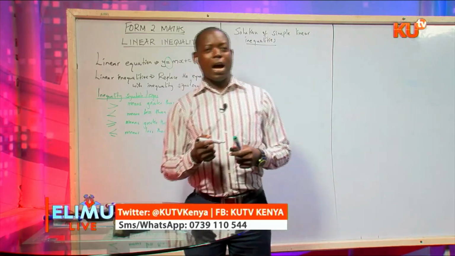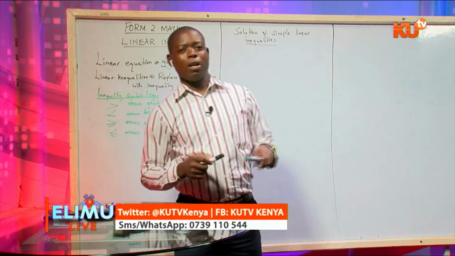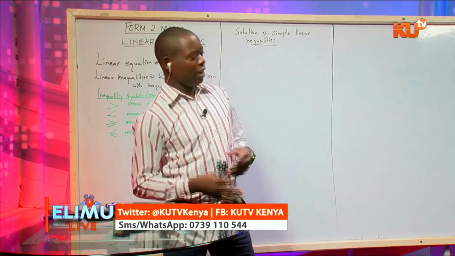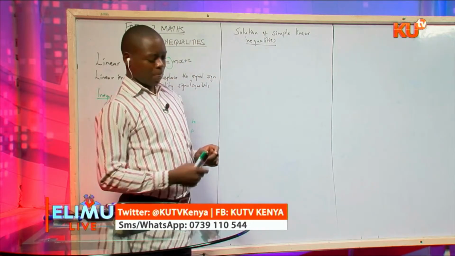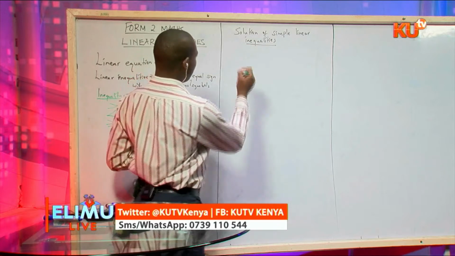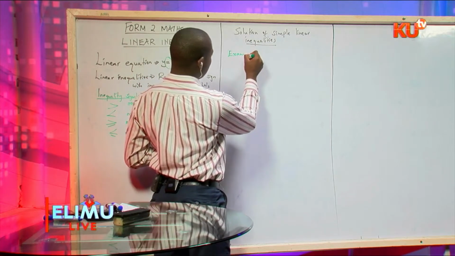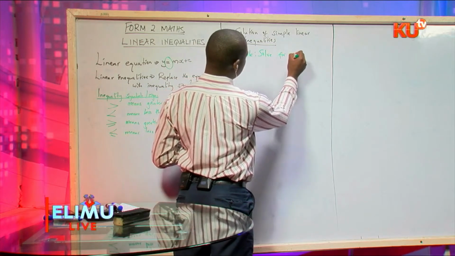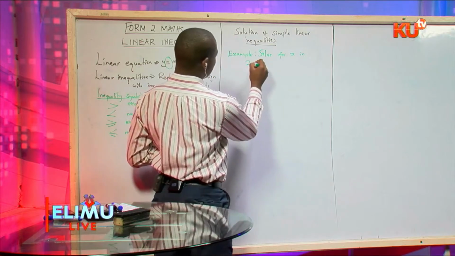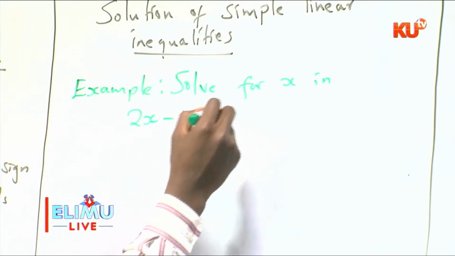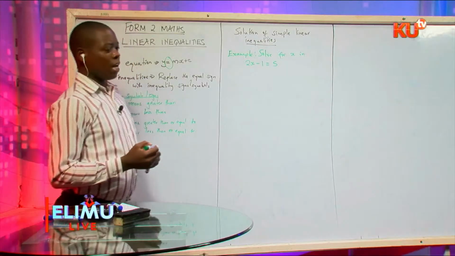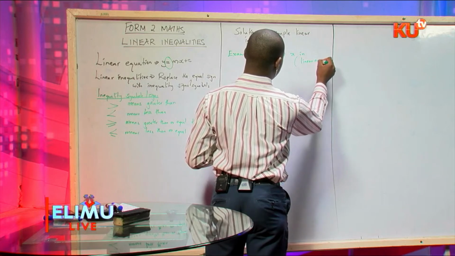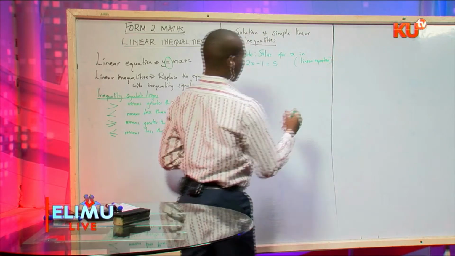Simple linear inequalities are the same as what you looked at in Form 1 under linear equations. You looked at the solution of a linear equation in one unknown. For example, just to remind you, if you are told to solve for x in 2x less 1 is equal to 5, that is a linear equation in one unknown.